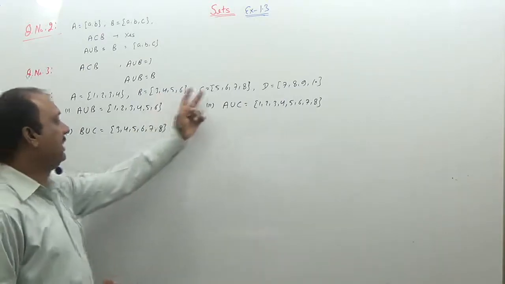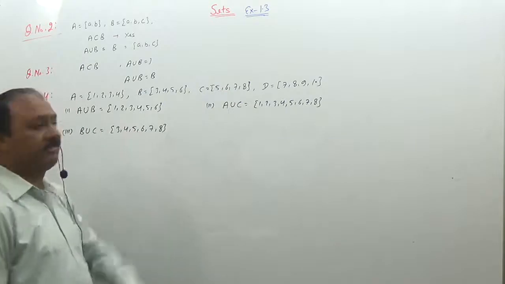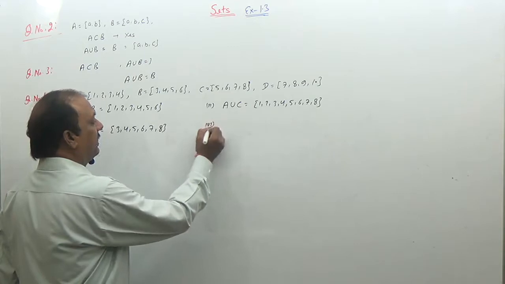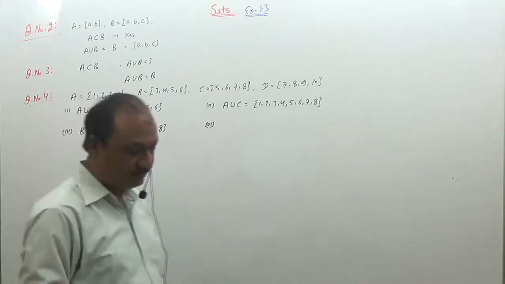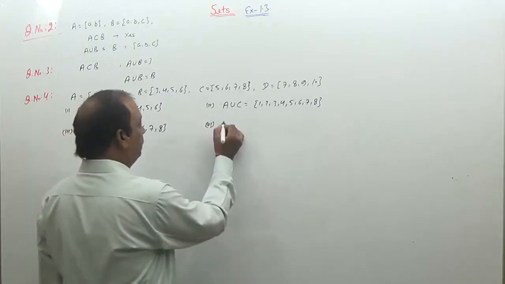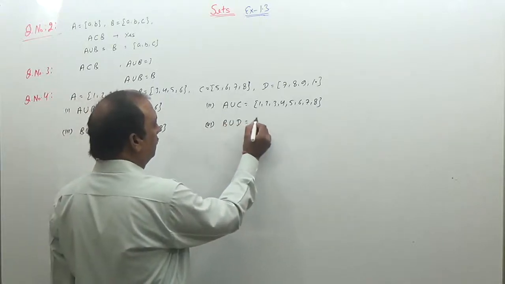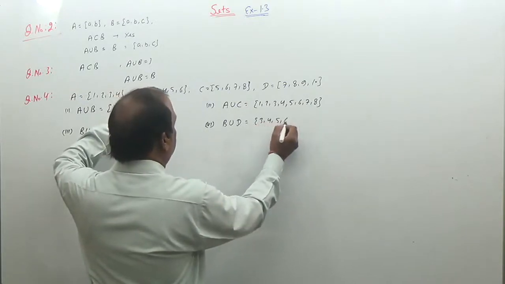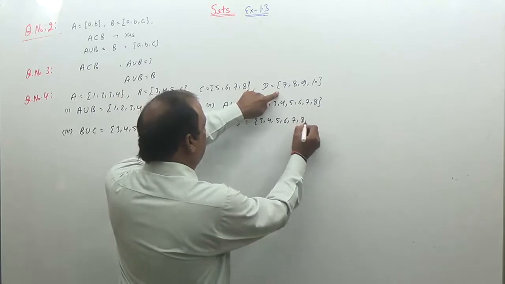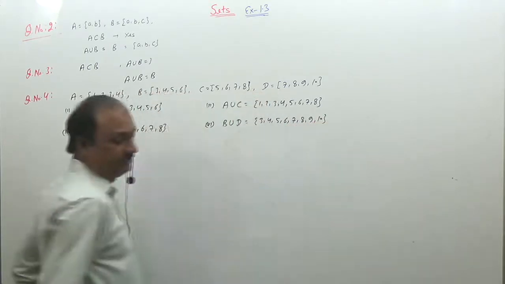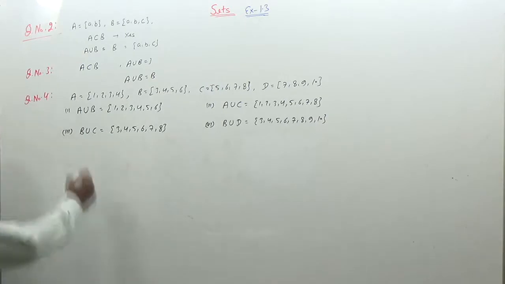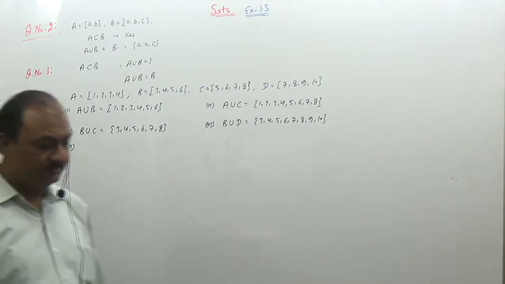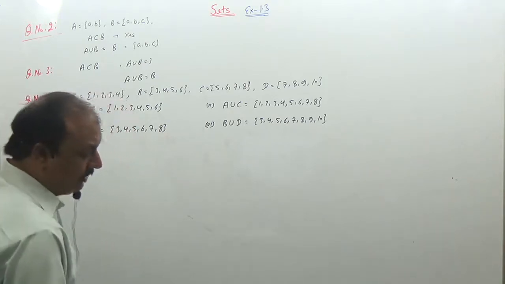You take all elements of B and all elements of C, and the new set that forms is called B union C. And the sixth part is B union D. B union D is the set of elements 3, 4, 5, 6 and you take all elements of D, 7, 8 and 9, 10. Next one is seventh: A union B union C.